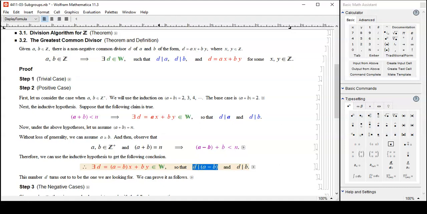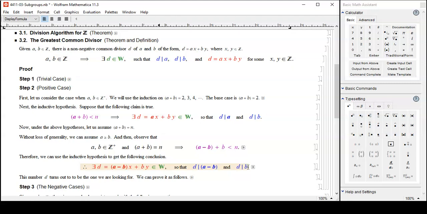And D divides this, and D divides that, where A minus B replaces A. Please compare this and that. That's what we did. Are you totally comfortable with this?